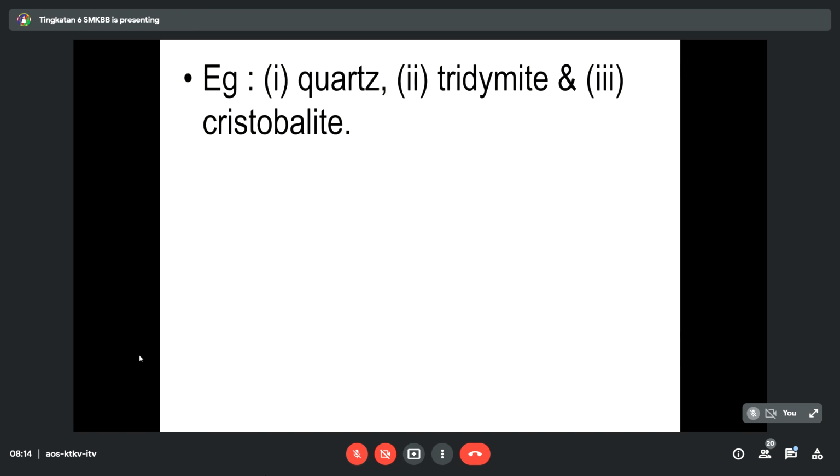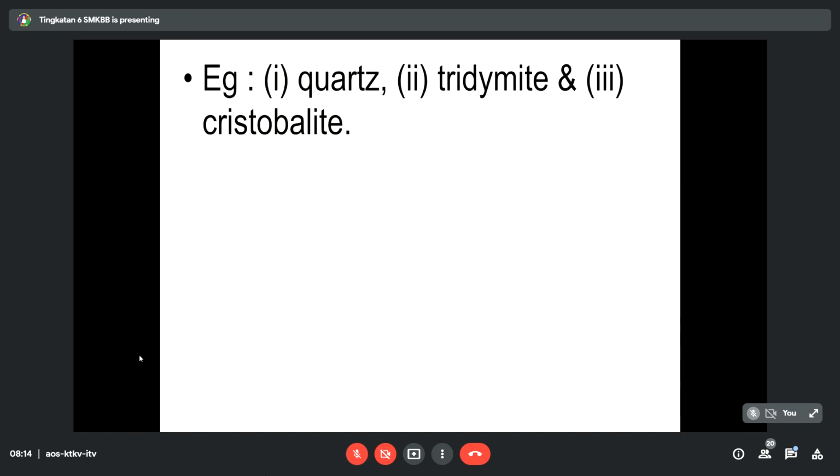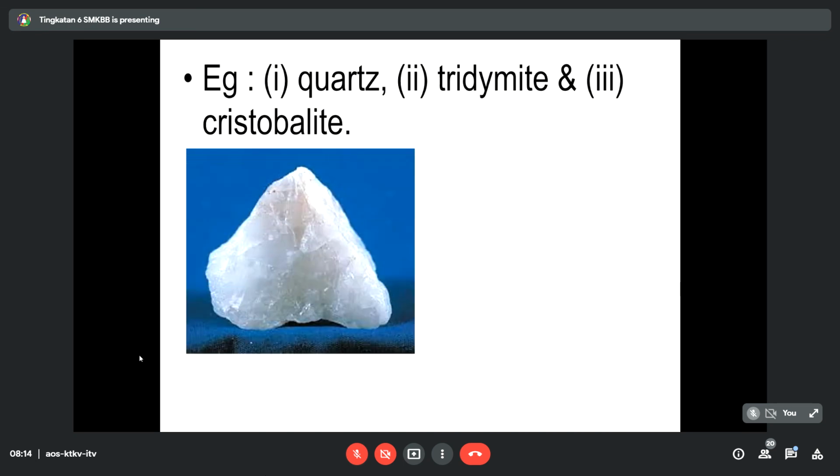So of course present in quartz, tridymite, cristobalite and also feldspar. All of them are of course rocks. But this one, you look at the structure, you already know it is very hard. Quartz, of course, is one of the hardest rocks that we have. Hard stone, a very hard stone.